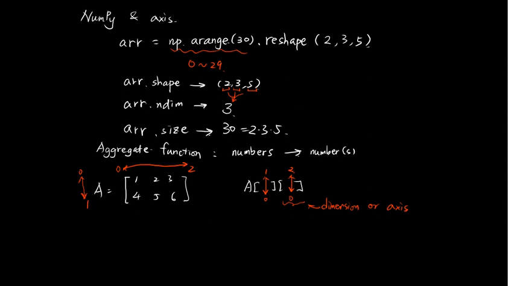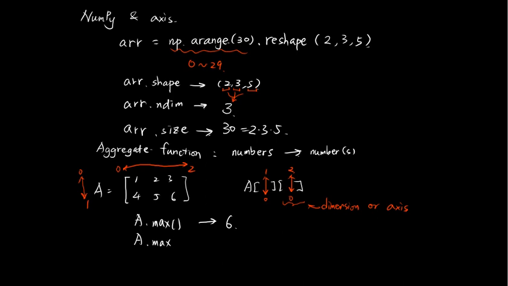So if you do a function, for example, you can take a.max. It will generate 6. That's what I meant by aggregate function, because you take 6 numbers and generate just one number, which is 6. But it depends on your purpose. Sometimes it will be useful to set up the axis.